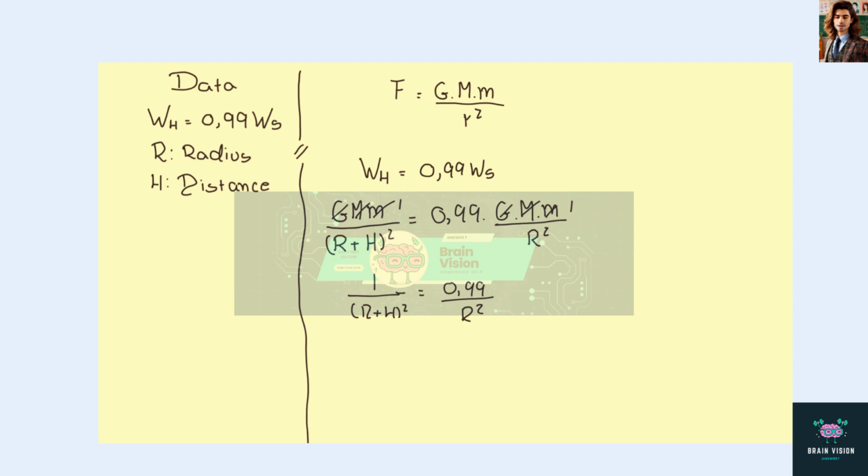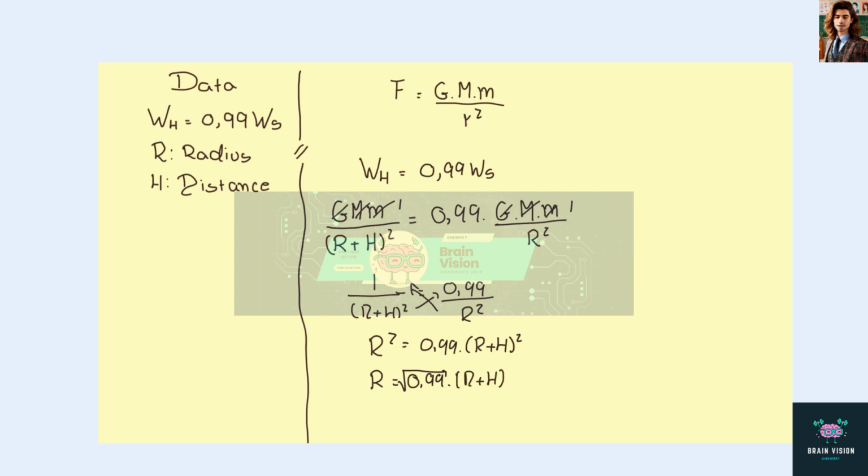Then we send this term to the other side, and this term to the other side, to get r squared is equal to 0.99 times (r plus h) squared. Now take the square root of both sides to get r is equal to the square root of 0.99 times (r plus h).